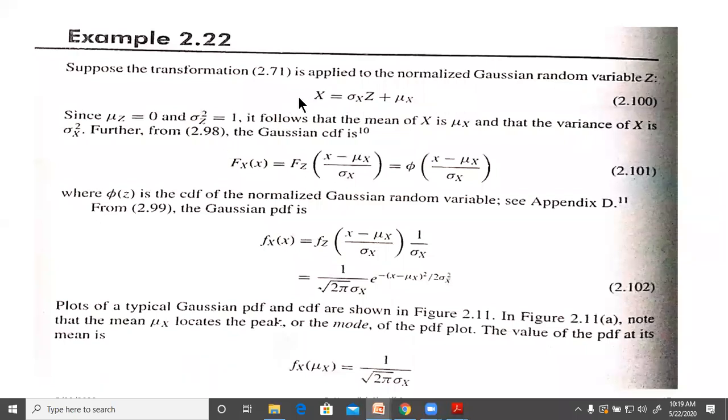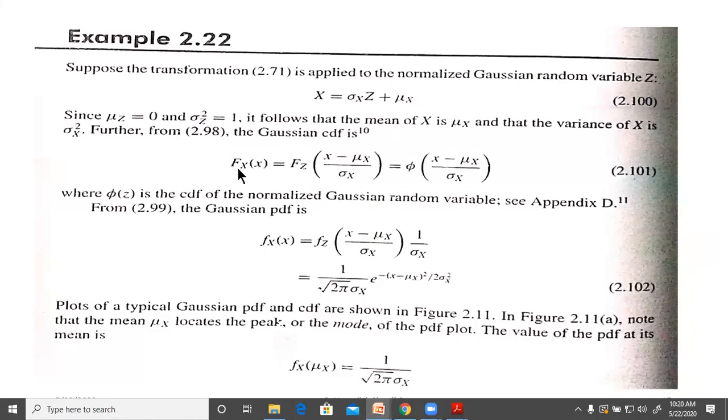From that, we want to find the probability of x, or you can say the CDF as well as the PDF of x, knowing the PDF and the CDF of z. It follows that x has a mean mu x, and the variance of x is naturally sigma x square. Now we have a function x equal to g of z.